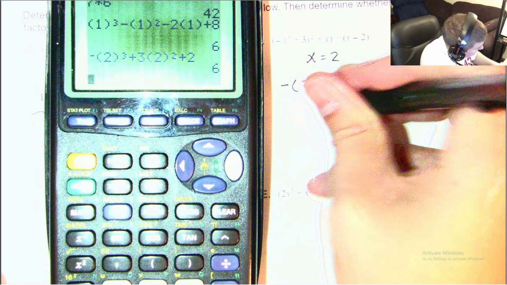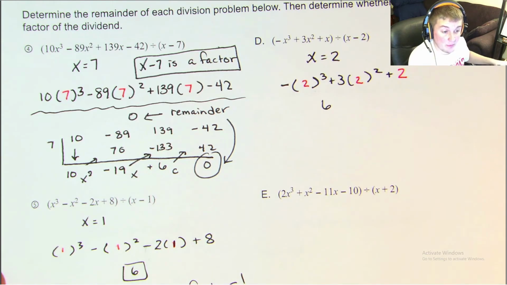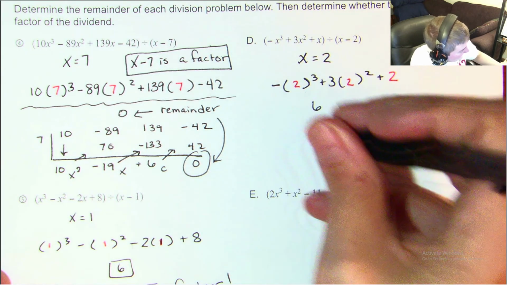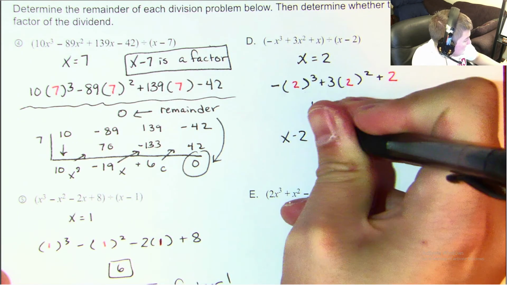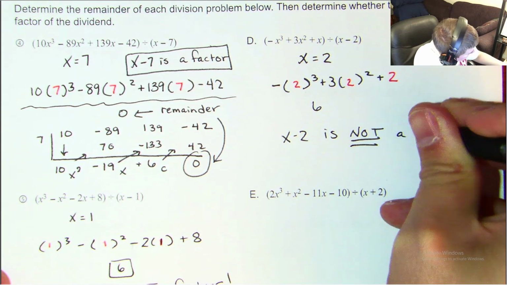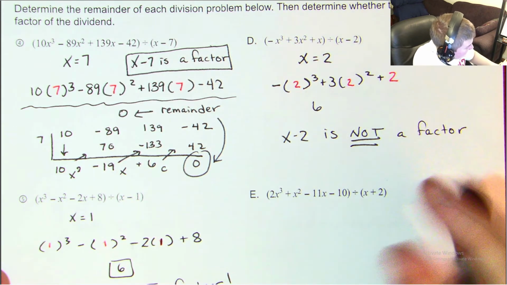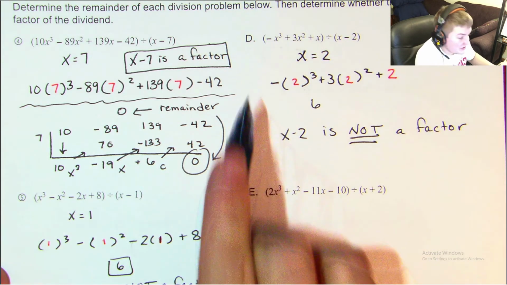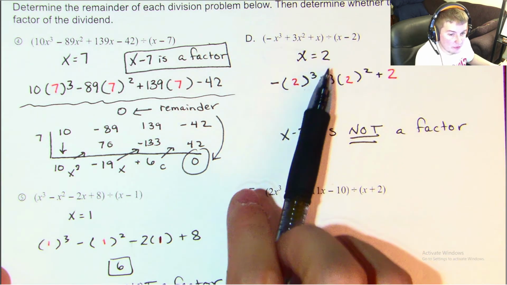So we get 6. That is not 0. My remainder is 6. I have a non-zero remainder, so that means x minus 2 is not a factor. Does not divide evenly. It does not divide evenly into this polynomial. Okay, that was D, using the polynomial remainder theorem.